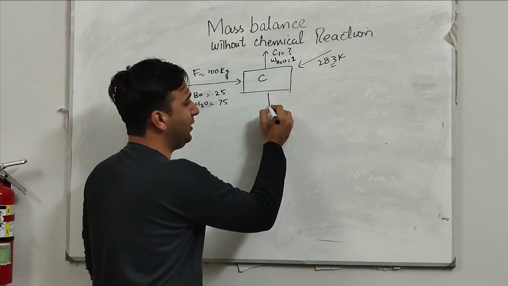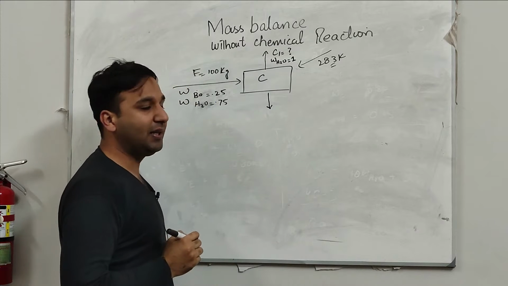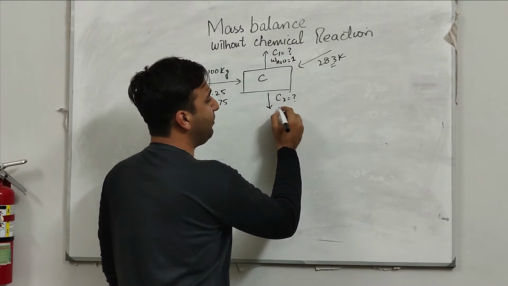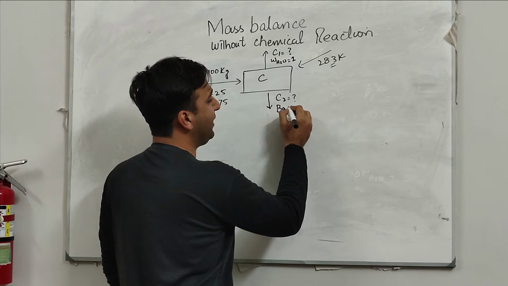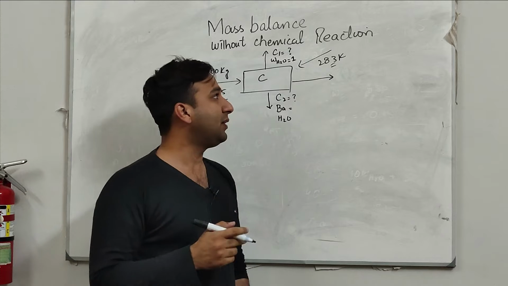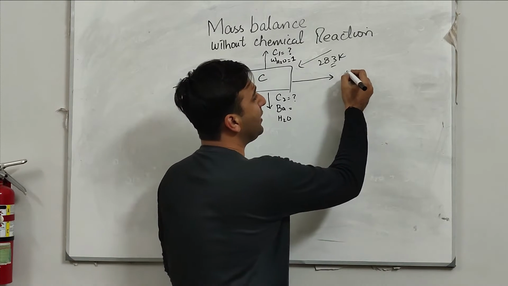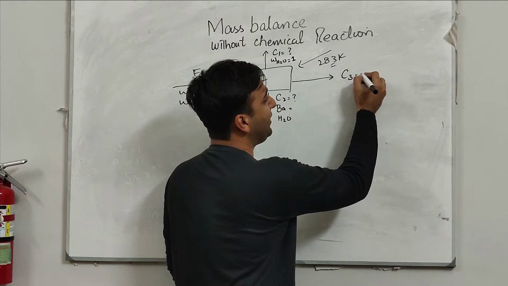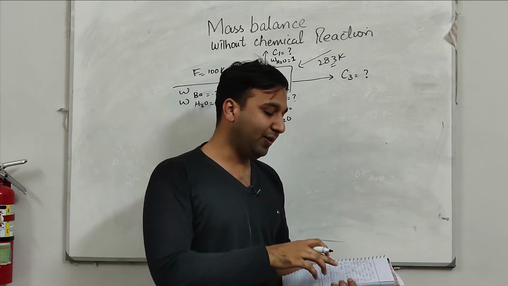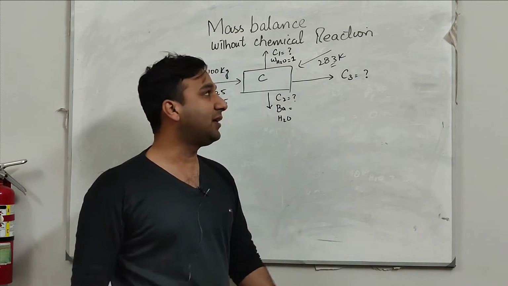Now I will come to the mother liquor. I will name it C2, and the mother liquor will have both barium nitrate and water in it. The stream for the crystals I will name C3, and in the question you have been told to find the yield of the crystals.